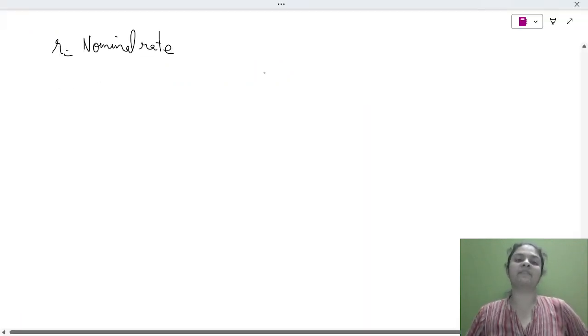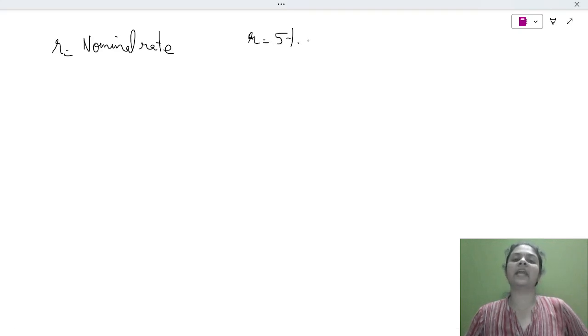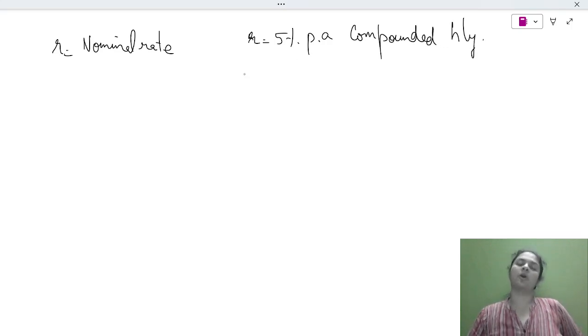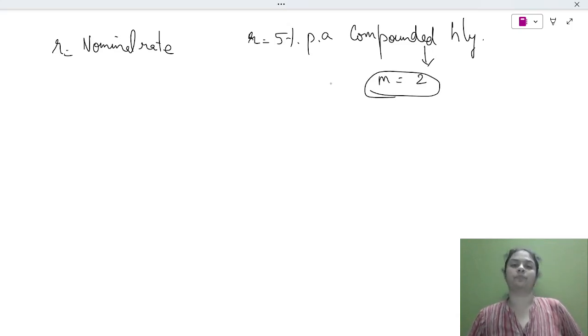So for example, if I say R is 5% per annum compounded half yearly. Compounded half yearly means in a year how many half years will we have? 2. So I will say m is equal to 2.